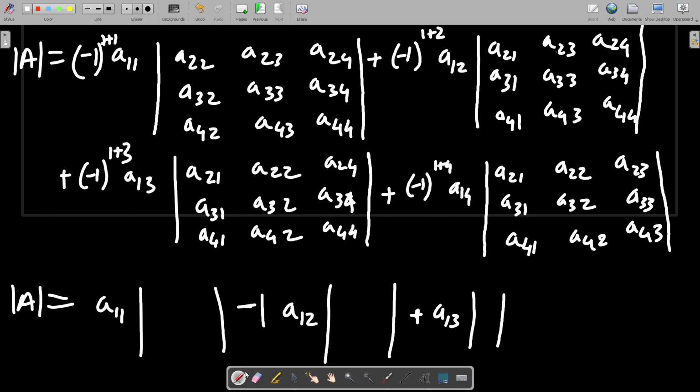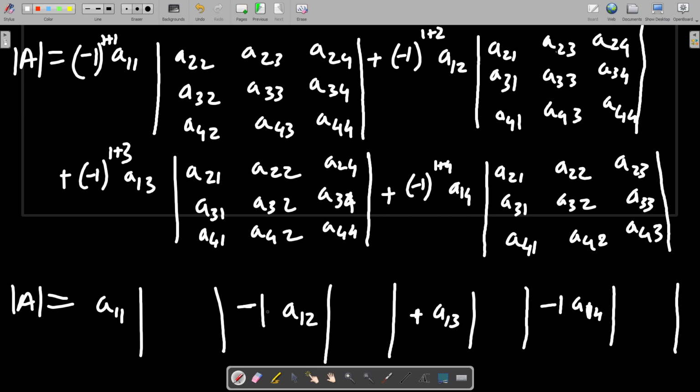I'm not writing those entries out, there's no place this way. I'll write this term again, and then minus 1 to the power 1 plus 4. 1 plus 4 is 5, so minus 1 to the power 5 will leave you with minus 1, so minus 1 into A14 into its determinant.